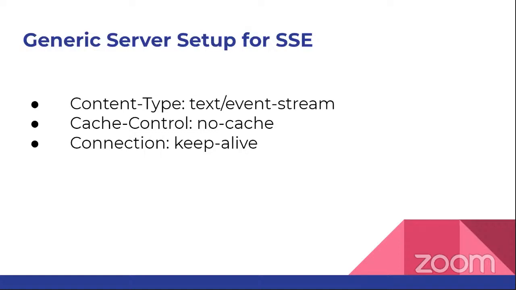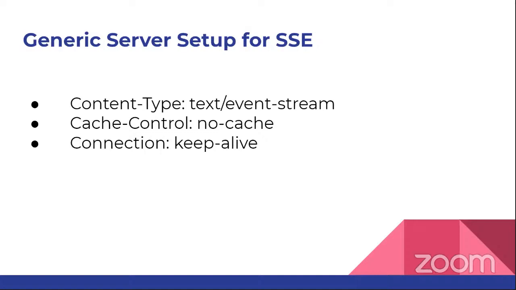That's basically set the content type to a text stream, the cache control to no cache, and connection keep alive. Why we do this is because in server-side events, the response that is received back from the server is a text file. So that is why the content type has to be set to this in order to receive this.